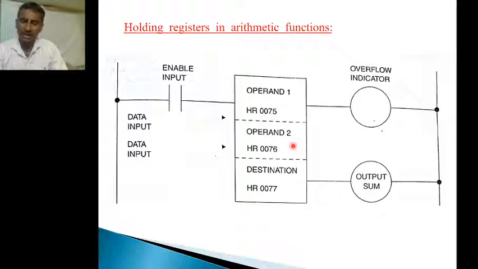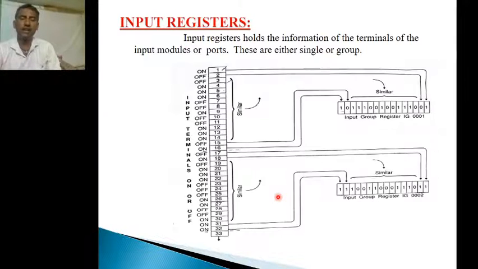By performing the arithmetic, the result will be stored in another register. That register is nothing but the destination register. So operand 1 is one register, operand 2 is another register, and the destination is another register. All these registers are holding registers.